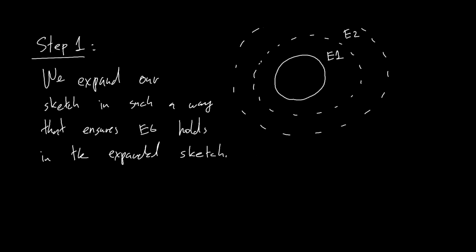E6 asks for every path to be reduced. How do we expand the sketch so we achieve that?